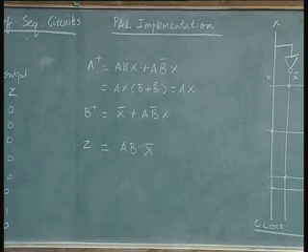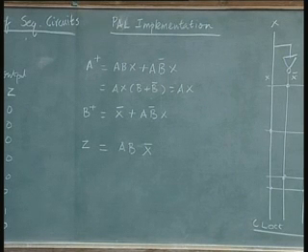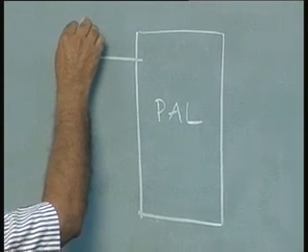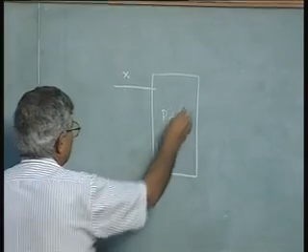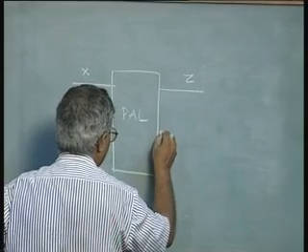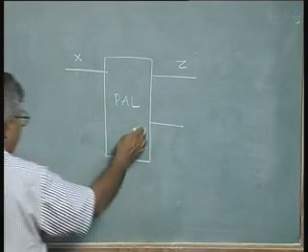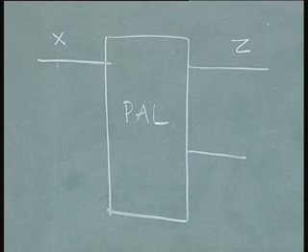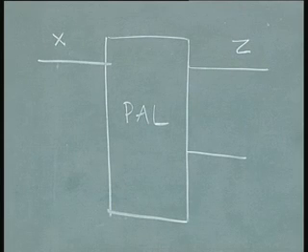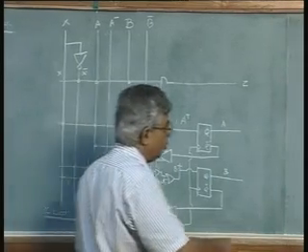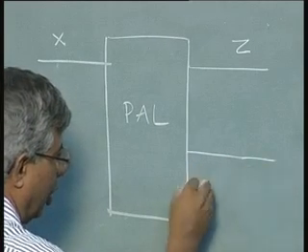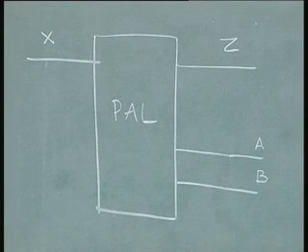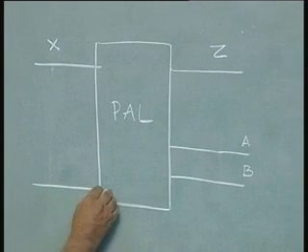So I have here one PAL in which I will have the following inputs, X, and C as the output, nothing else, because this A going back, B going back, these are internal. I have the outputs of A and B if required. Of course, I do not require them in this case. So, the register outputs are available, but we are not going to use them, and a clock. These are the only inputs I have used.